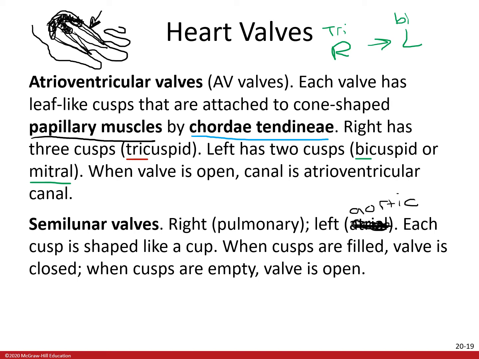It is the pulmonary and aortic valve, and each cusp is shaped like a cup or a crescent. When the cusps are filled, the valve is closed, but when the cusps are empty, that is when the valve opens, as opposed to the chordae tendineae having tension or no tension, which allows the valves to snap shut, such as with the AV valves.